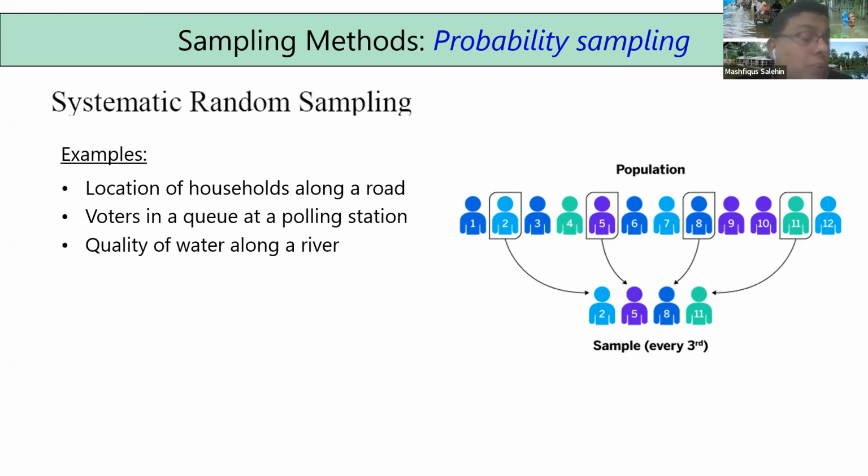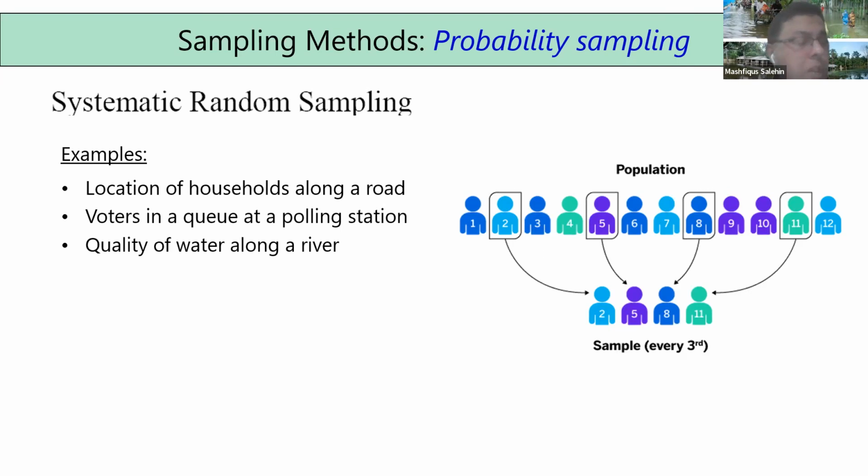Say you are the owner of a movie theater, trying to understand the satisfaction of moviegoers with the renovations you have made. What do you do? Different people come to your movie theater at different times, but you can still do systematic random sampling.